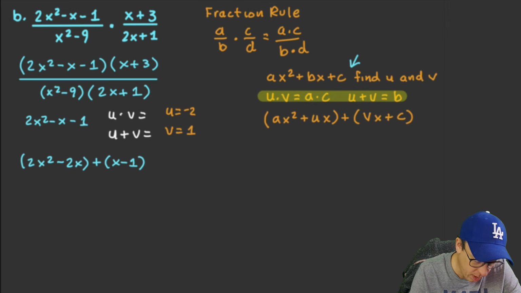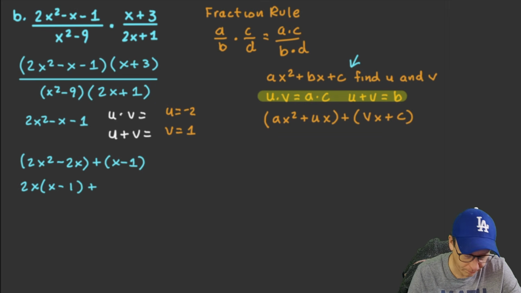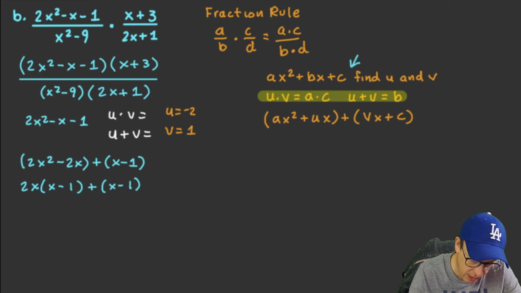Factor out the x minus 1. 2x, x minus 1 plus x minus 1. And this is going to become our new numerator. Maybe I should write numerator.